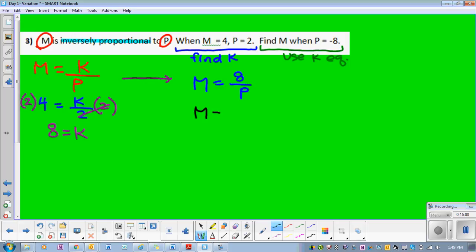M equals 8 over negative 8. So what is M? -1. There you go. So when P equals -8, my M is -1. When P equals 2, my M is 4. That's what we're doing, okay?